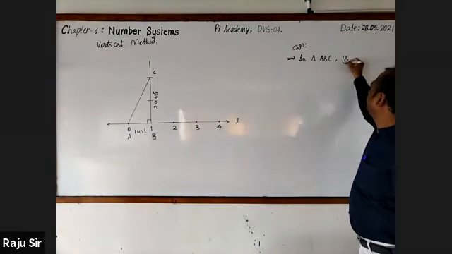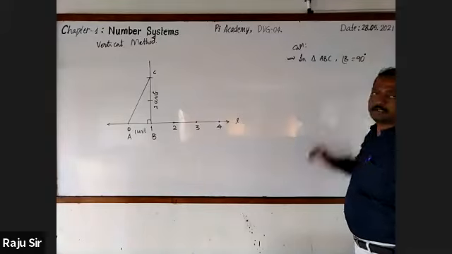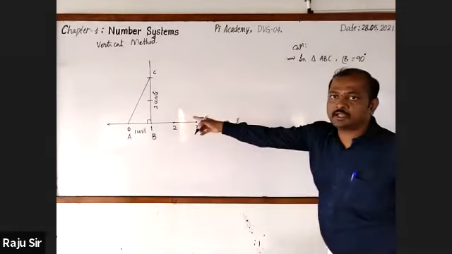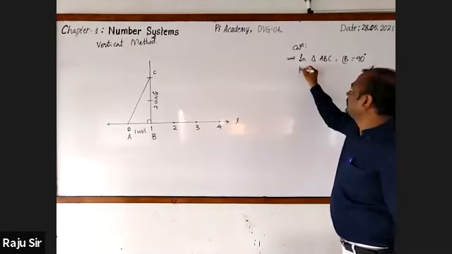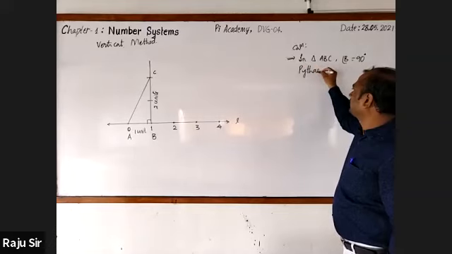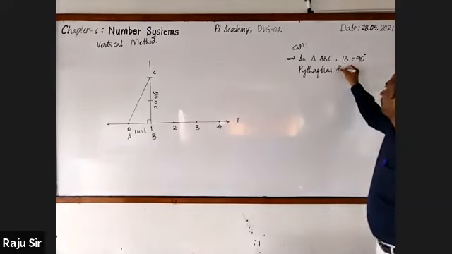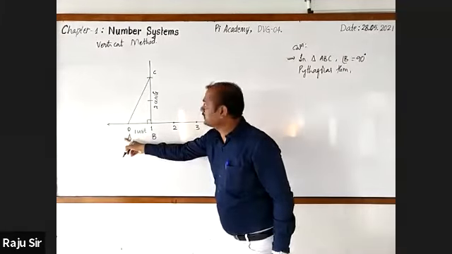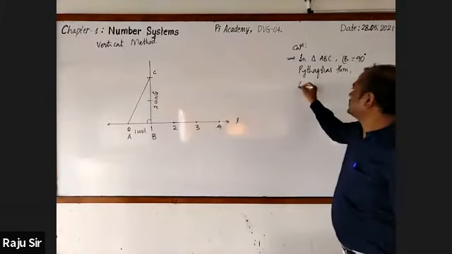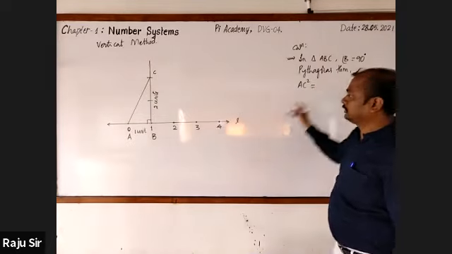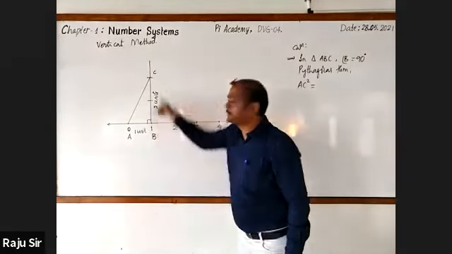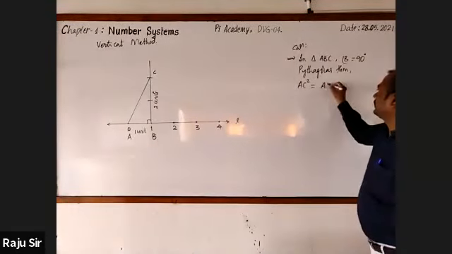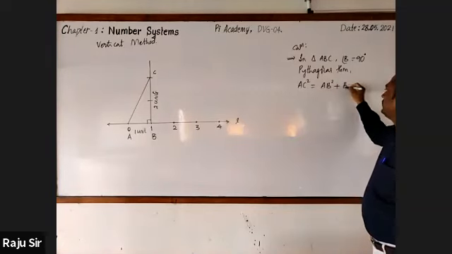Here, angle B equals 90 degrees. As it is a right angle triangle, we can use the Pythagoras theorem. According to the Pythagoras theorem, we can write the statement as AC square is equal to AB square plus BC square.